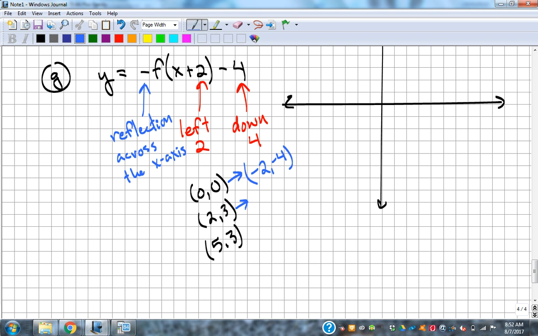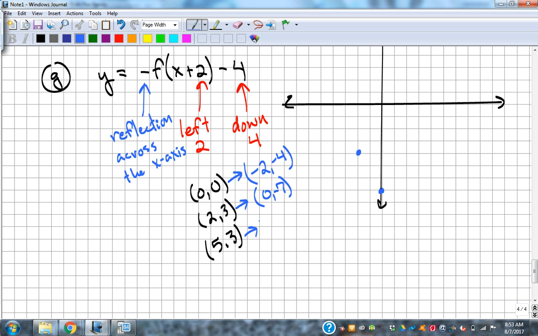So I'm moving it left 2 units and down 4 units. Should be right here. So I went from there, left 2, down 4. 1, 2, 3, 4. It's right there, which is the point 0, -7.